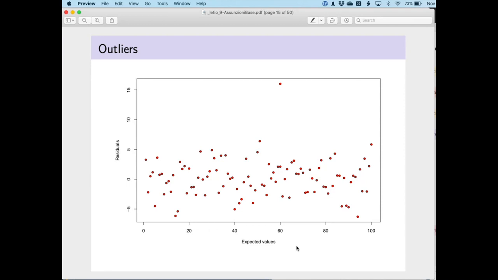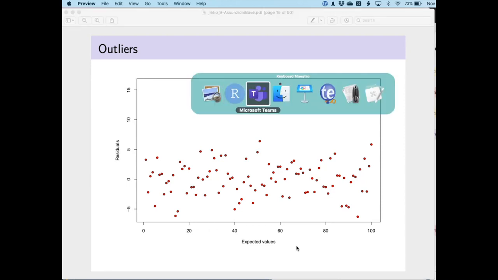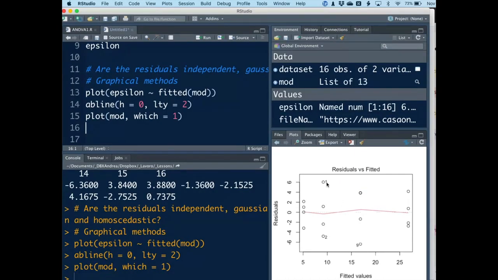You see that R is helping us because if we go back to the graph here, we see that some points are highlighted. For example, the point number 1, it is highlighted because it has a very high value of residual. So R helps us. Of course, that is not an outlier because it's not particularly isolated. There are other residuals like that, almost like that.